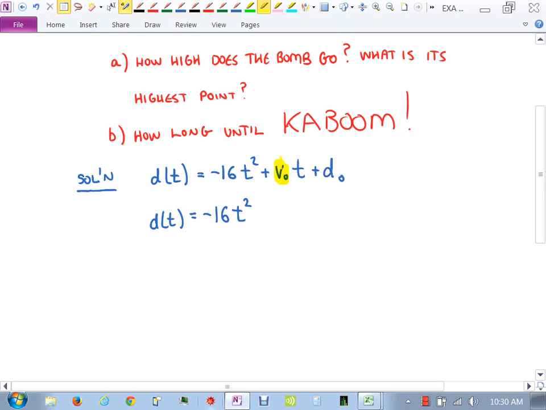So I'm going to put a positive 0.75 t, plus d naught. D naught is the starting height in feet. So where did I let the thing go from when it started? 200 feet. That's it.